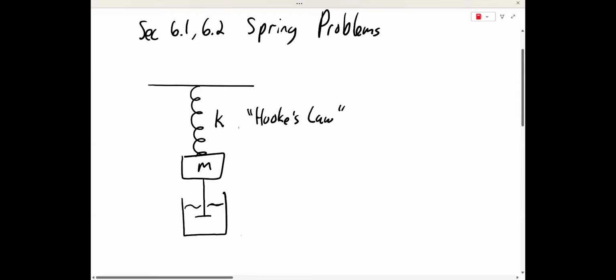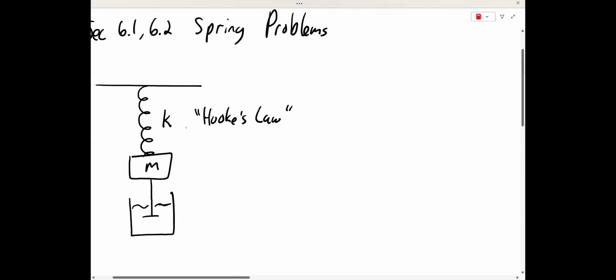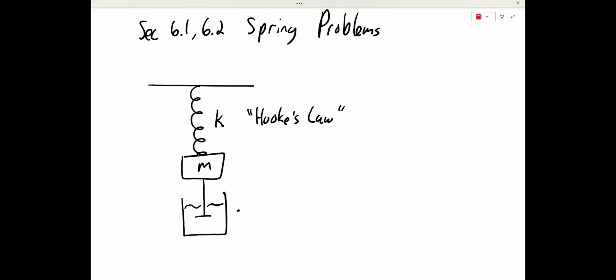Let's say this has some constant C associated with it. It depends on how viscous the liquid is. Now, one other thing. If the mass is just hanging there, it's in equilibrium.